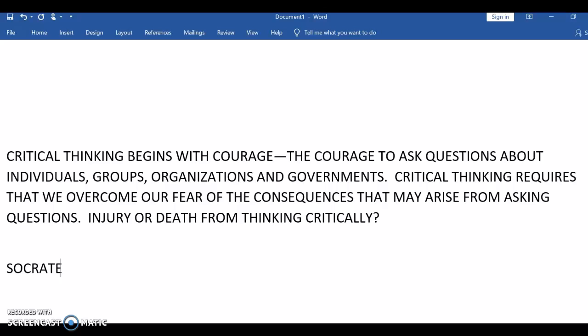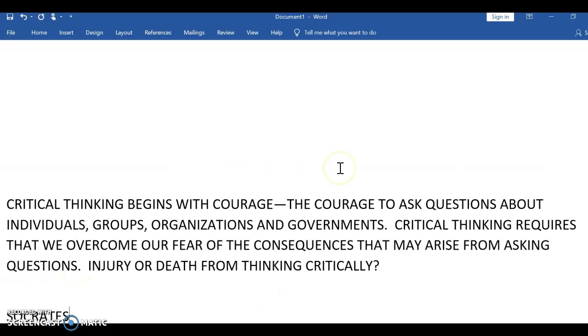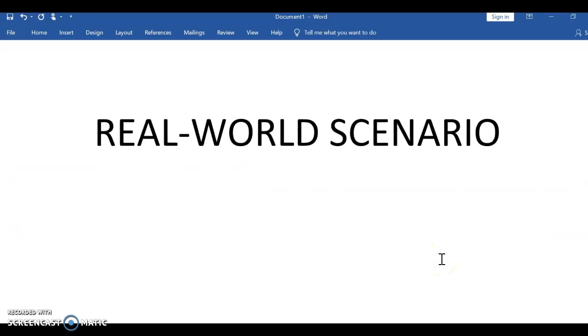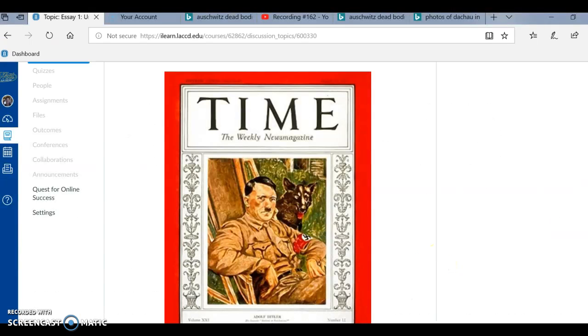Well, Socrates, who is credited as one of the people who helped us develop this process, did suffer death from daring to ask questions. So maybe it does require courage. And this is what I want to show you without giving you simply a cut and dried definition of critical thinking. I want you to deal with this real world scenario.